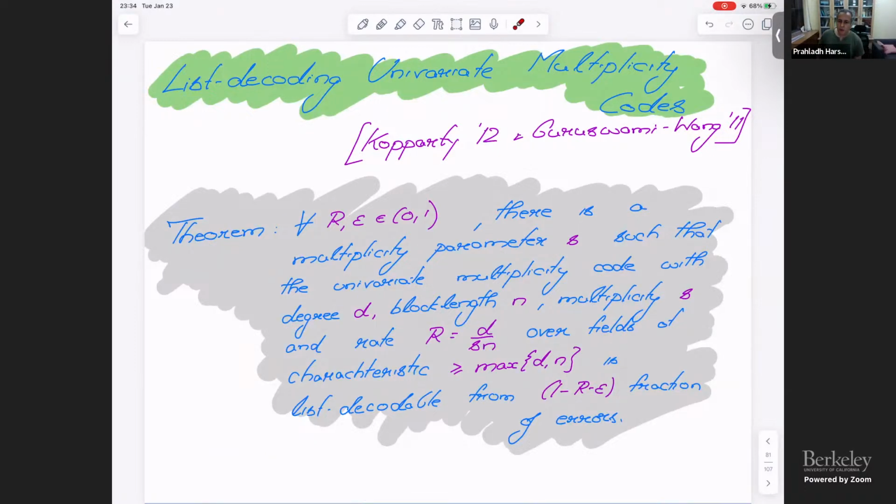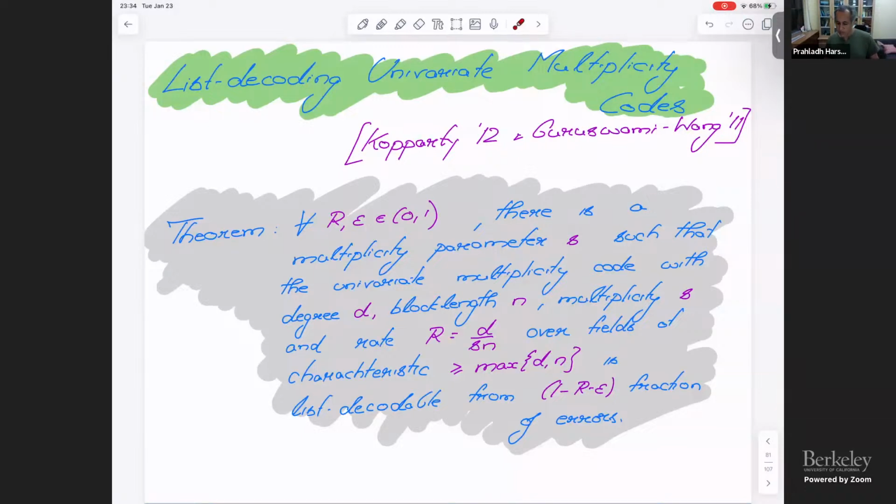Kopparty and Guruswami-Wang independently gave slightly different algorithms, but essentially they showed the following. For every rate R and epsilon, there is a large enough multiplicity parameter s such that the univariate multiplicity code with degree d, block length n, multiplicity s, and rate R, over fields of characteristic at least d times n, is list decodable from so many fraction of errors.